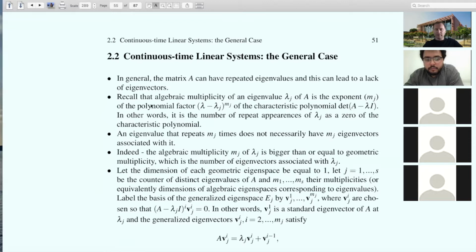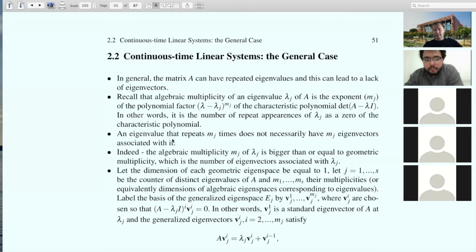And so we can define the algebraic multiplicity of an eigenvalue as the exponent of the polynomial factor of the characteristic polynomial, the determinant of A minus lambda I. This is typically how algebraic multiplicity is defined. So that's the number of repeat appearances of lambda j as a zero of the characteristic polynomial.